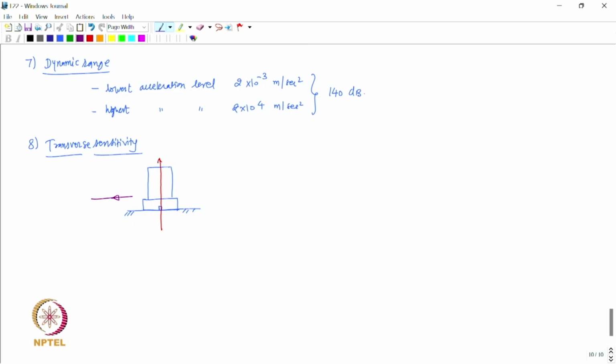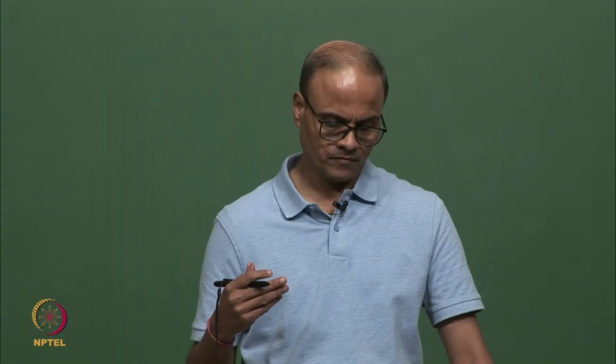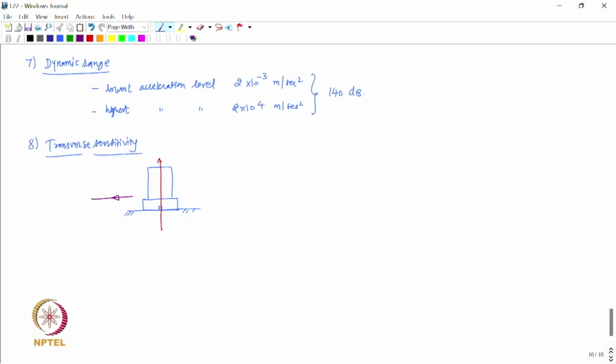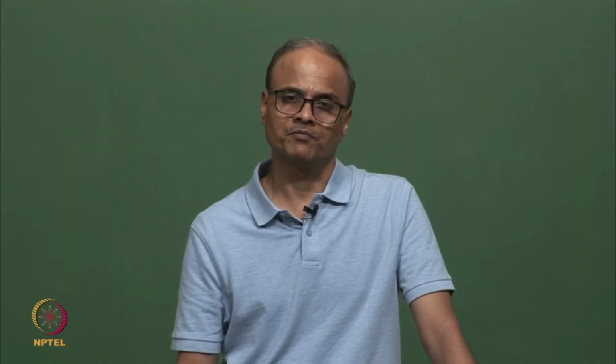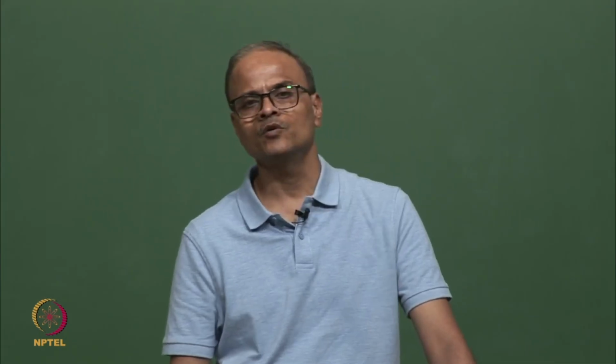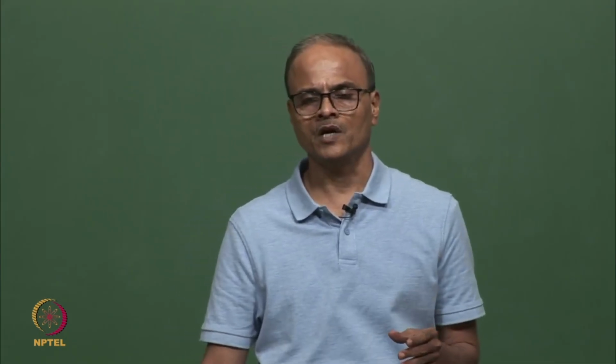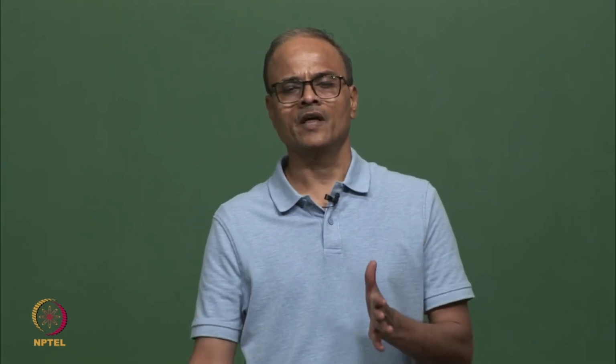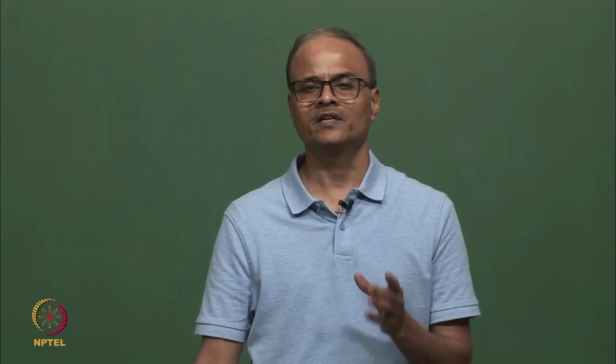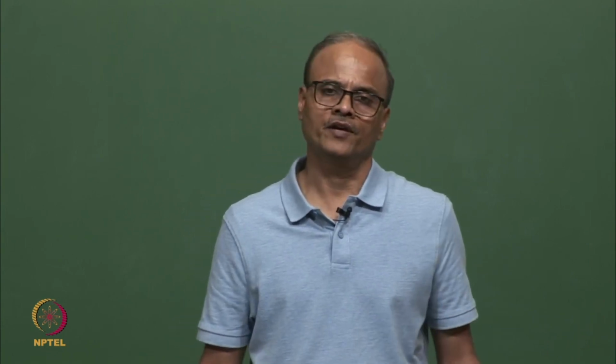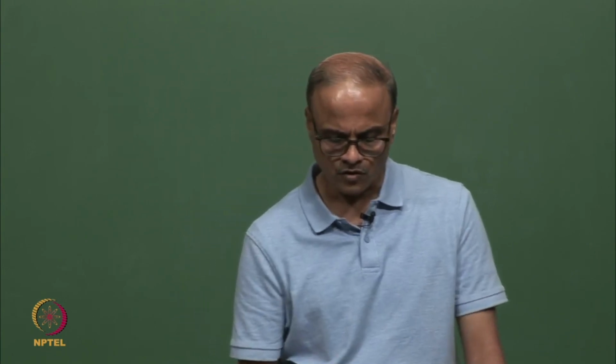So, the amount of charge generated in the direction perpendicular to the main axis, due to vibration in that direction, is referred to as the transverse sensitivity. This transverse sensitivity should be small, because it is going to corrupt the charge signal due to acceleration in the direction of the main axis, and it will make our measurement inaccurate.